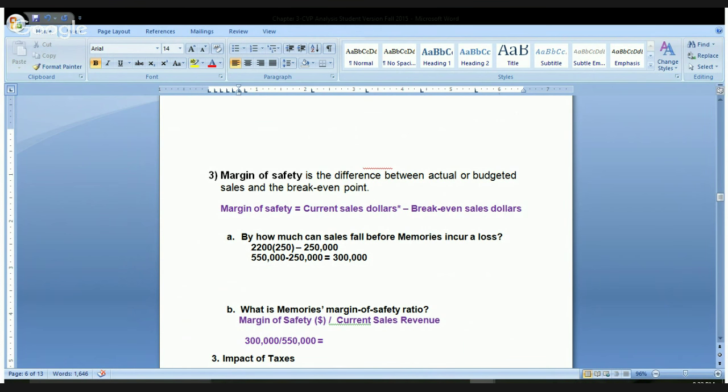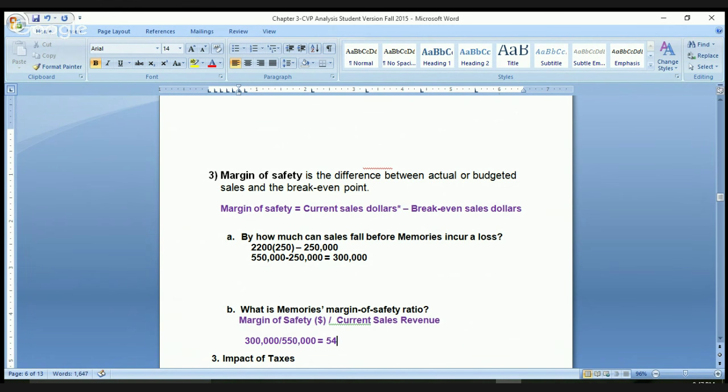Actually, it's 54.5%. So that means that my current revenues could drop by 54% and I would still be okay.